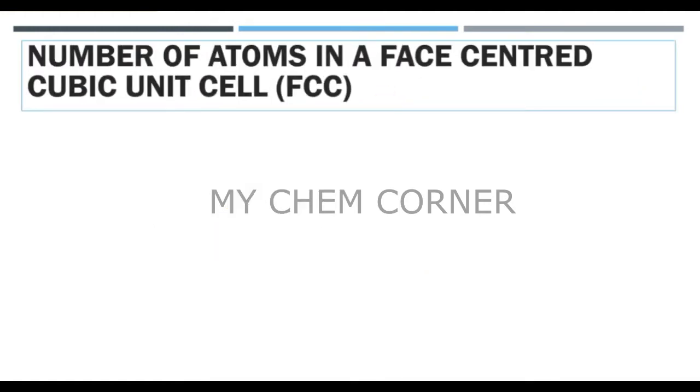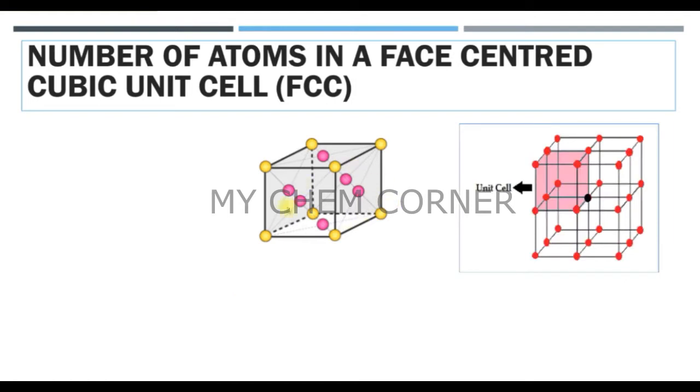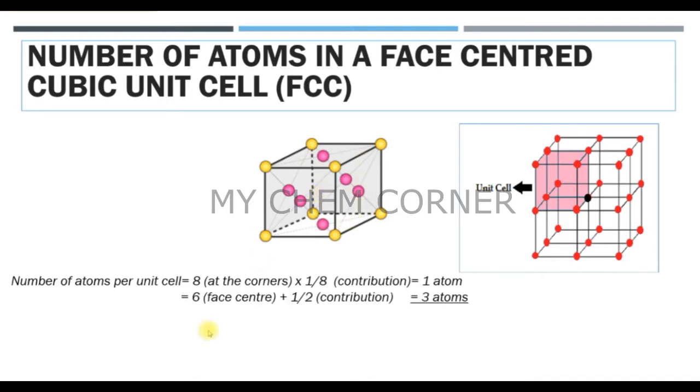Now when I look at the number of atoms in a face-centered cubic unit cell, this is the structure for an FCC. Now when we repeat the same thing in the entire structure, the first part of the calculation is constant for all types of unit cell. 8 at the corners and 1 by 8 as contribution. Therefore, 1 atom will belong to itself. But since we have 6 spheres at the center of each face around the entire cube, we have 6 face centers. Now say this particular face is attached to the next cube here.